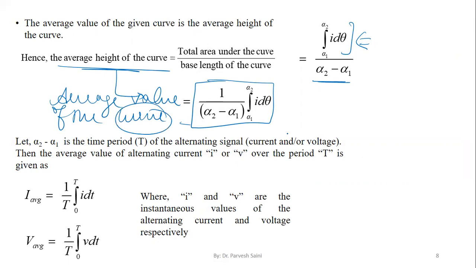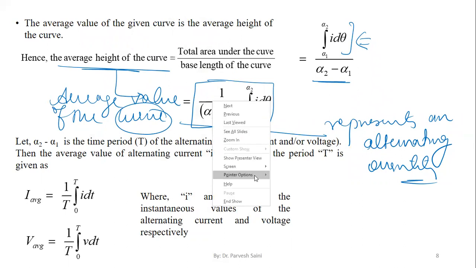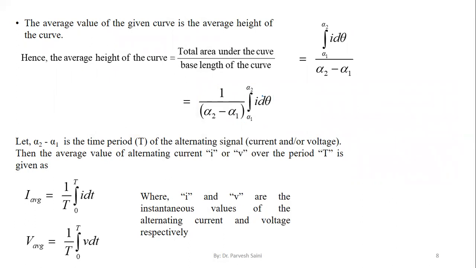Now this curve represents an alternating quantity, right? So we will get the average value. This is the general formula that you can use to find the average value of an alternating signal.